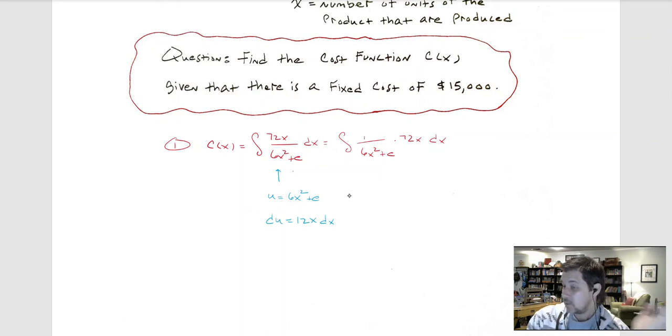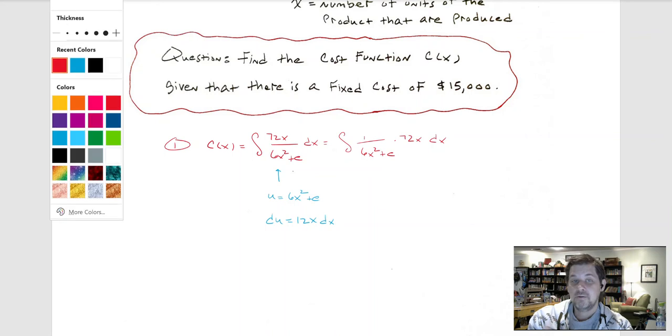Now, I could do this lots of different ways. I can divide both sides by 12 and substitute for x dx if I wanted to. But I can manipulate this equation any way I want so that it fits up there.